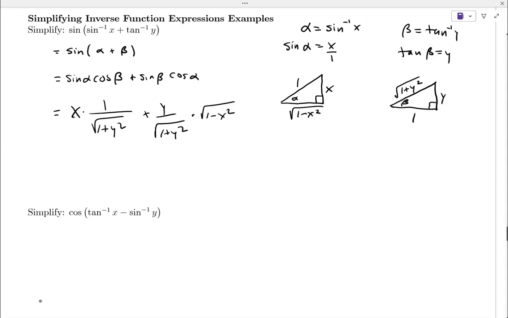Good. And generally speaking, with the arithmetic, I don't really care if you simplify this, but since it already has a common denominator, it's not too hard to simplify. You'd have x plus y root 1 minus x squared all over root 1 plus y squared. That one's not so bad to simplify.